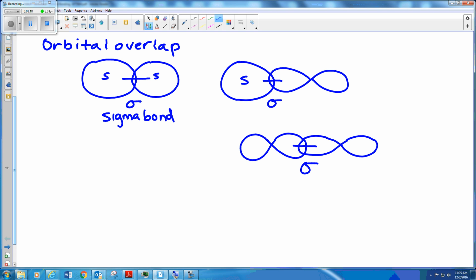Now, there's another type of bond called a pi bond, but it involves the overlap of 2 p orbitals when they're side by side.